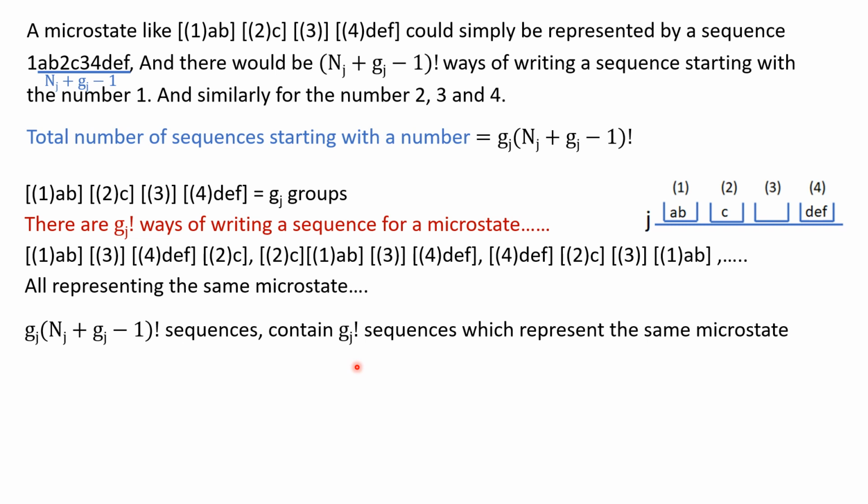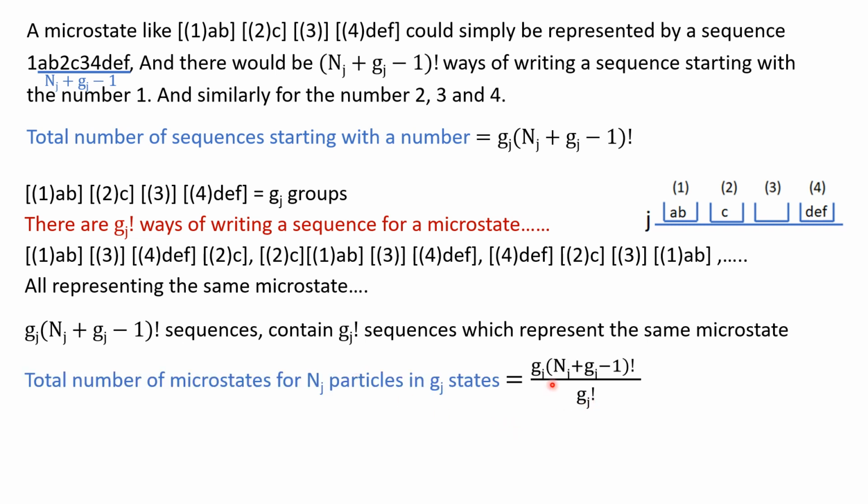So we have to exclude those repetitions, and for that we divide the total number of sequences by the repetition. So this gives the total number of microstates for Nj particles in Gj energy states.